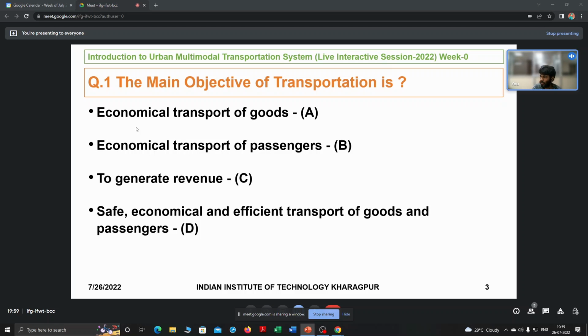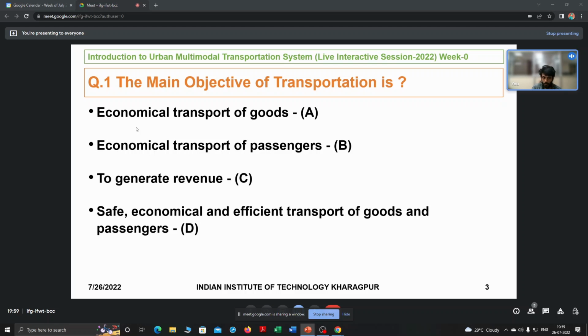So why is it safe? People need safer transportation systems, right? If you want to travel on a particular stretch of road where the frequency of accidents is very high, you won't feel comfortable or safe.